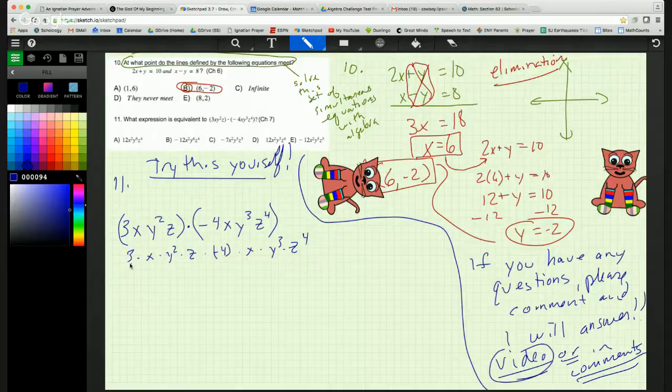And because everything's multiplied, I can just rearrange at will. So I'm going to put my x's together, my y terms together, and my z terms together like this, because multiplication is commutative.